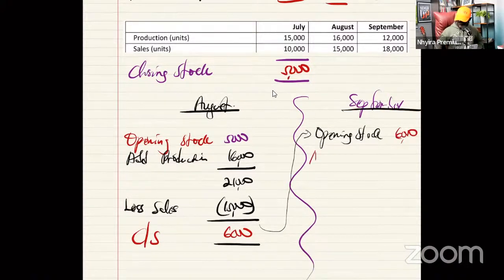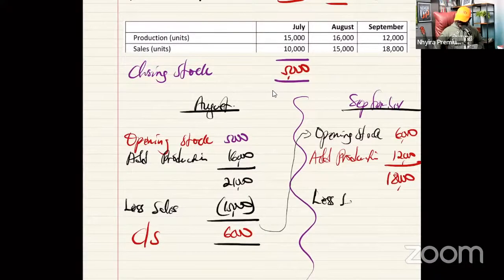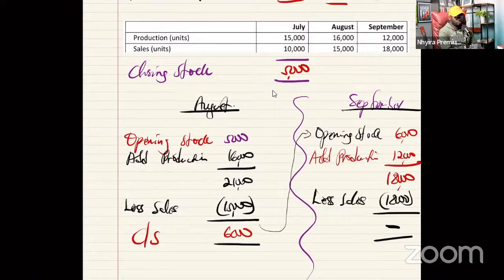Then you add production in September, which is 12,000. Then it gives us 18,000. Then you less the sales units. Sales for September is also 18,000. So it tells us that in September, there is no closing stock. Does that make sense? In September, there is no closing stock.